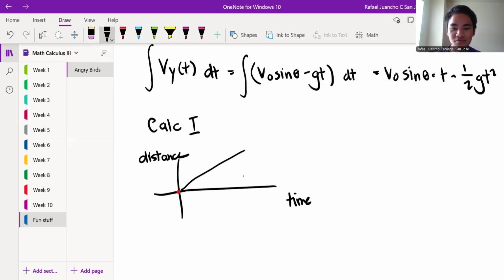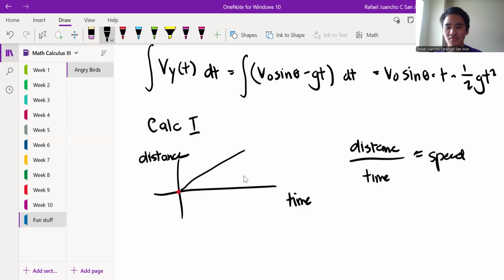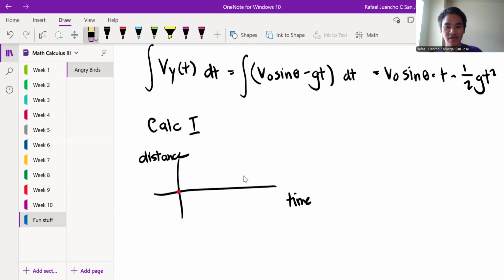In high school, distance divided by time is speed, right? So here we just divide the distance by the time to get the speed. But now, what if my car does this?